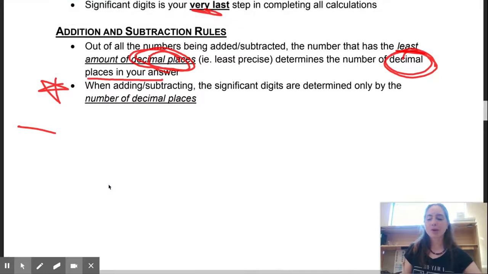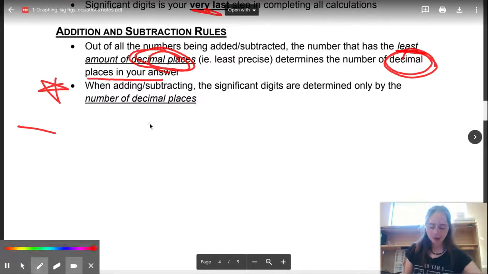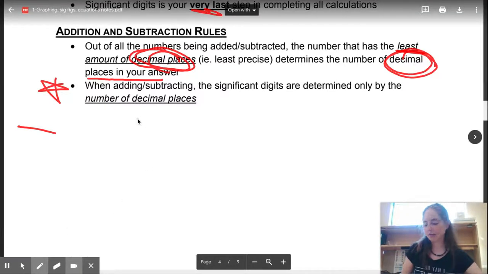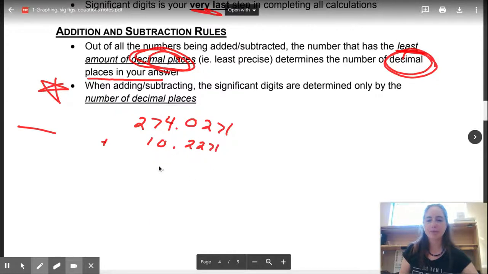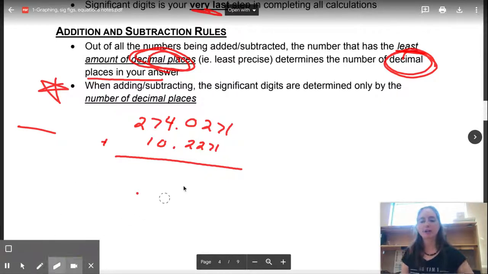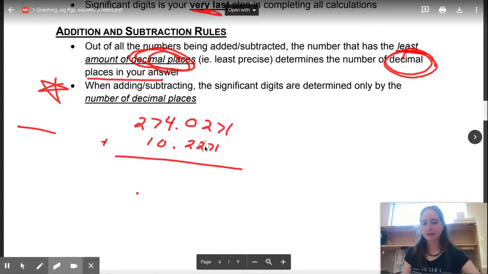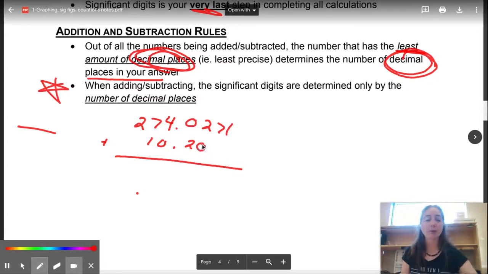So let's look at an example. Let's take some numbers here. We've got 274.0271. I'm going to add this number to 10.2271. So, ladies and gentlemen, oops, I wrote a whole bunch of stuff down that I did not want to write down. Let me fix this. I was just copying from above instead of writing down the number I wanted to.